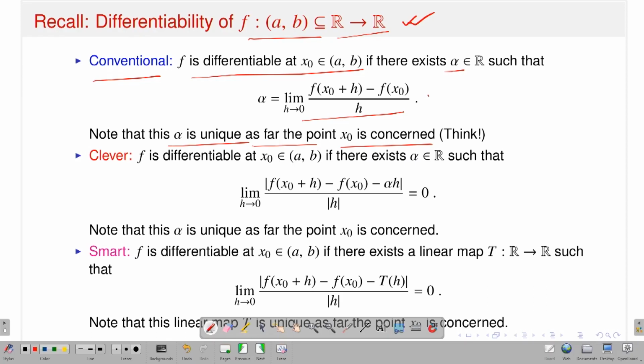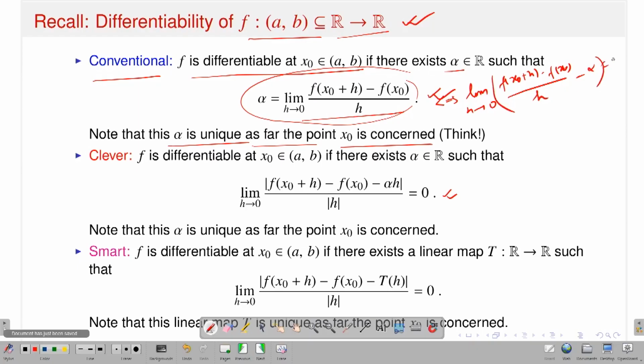Now I would like to see the above in another form. This is the kind of definition you are familiar with. This is the same as, if and only if, the limit as h approaches 0 of f of x naught plus h minus f of x naught divided by h, minus alpha, is 0.